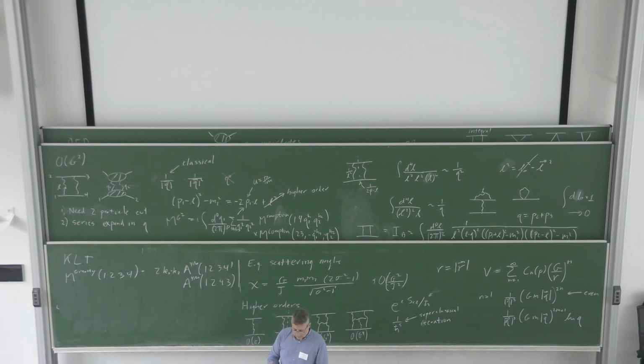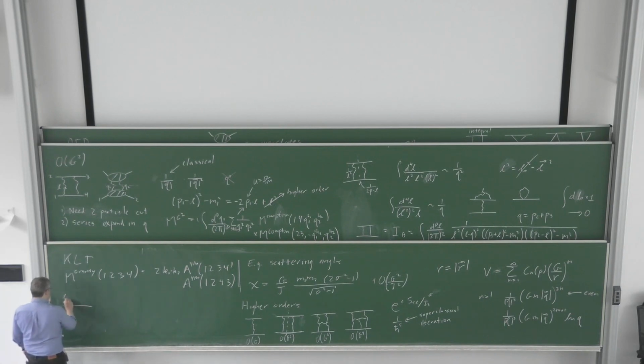That means that the legs of these amplitudes follow an ordering, right? If you write down the Feynman diagrams of these amplitudes, 1, 2, 3, 4, it has to follow that ordering. Those are the only diagrams that are allowed, the ones that follow the ordering.